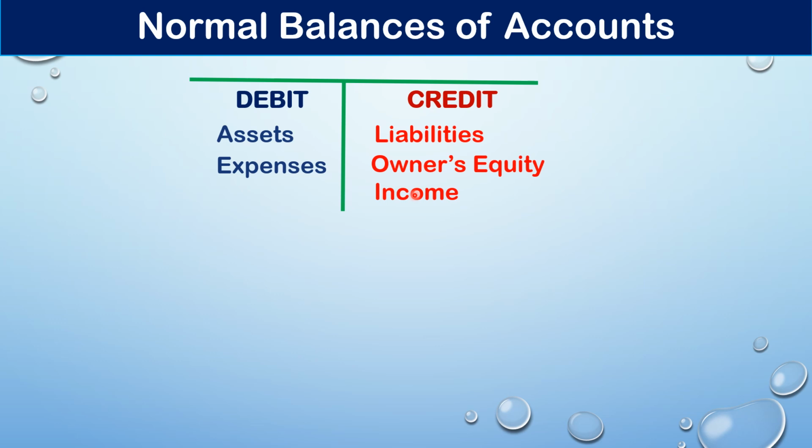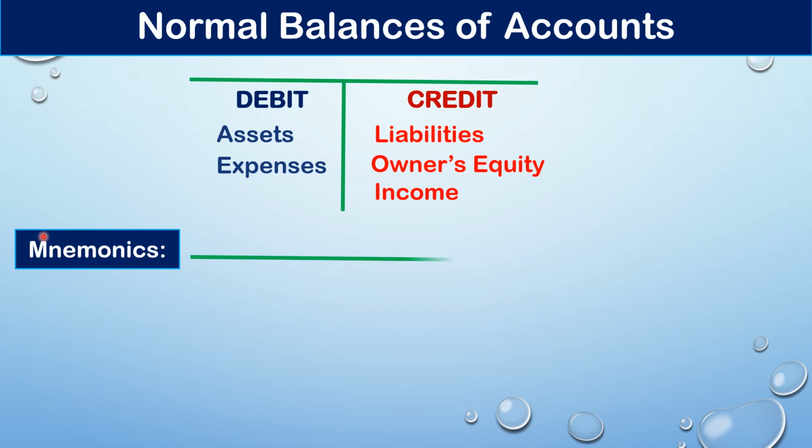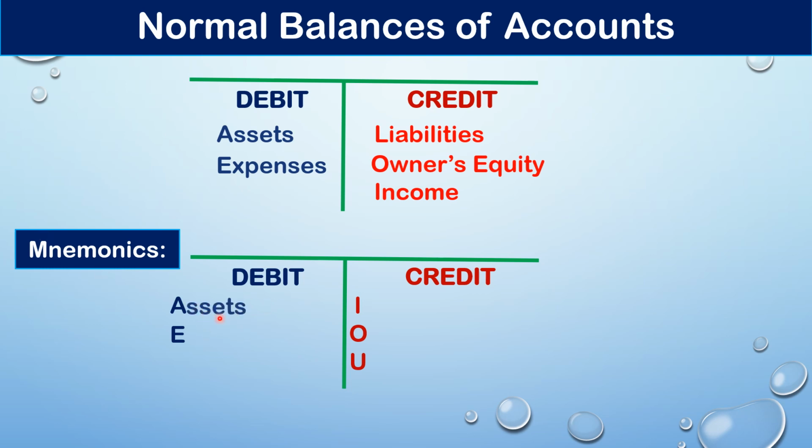Ang iyang normal balance. Okay, para ma-timan-an nato, let's use a learning device. Pang-elementary ni siya, gitawag ni mnemonics. Okay, atong timan-an nga ang debit mao si A ug si E. Ang credit mao si I, O, U. These are the vowels, the A, E, I, O, U. So, si debit, si A, unsa man si A?